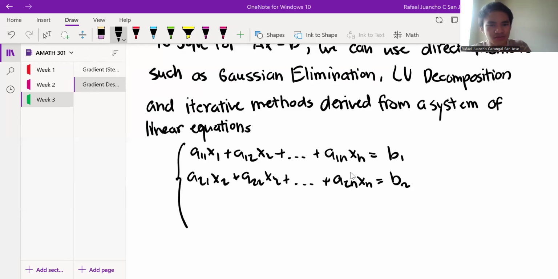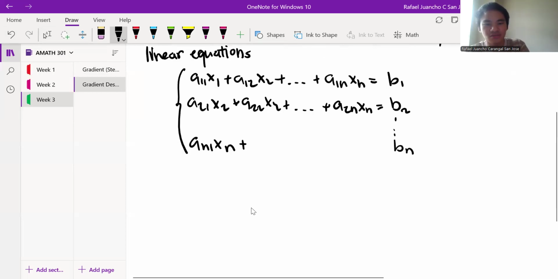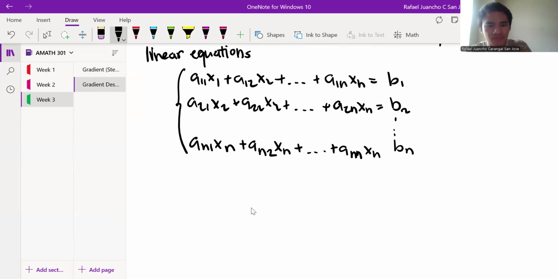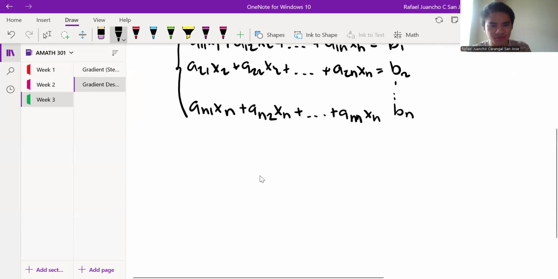And this goes all the way to n. Okay, so this is an n by n matrix. So that's our linear equations. I just wrote it out.